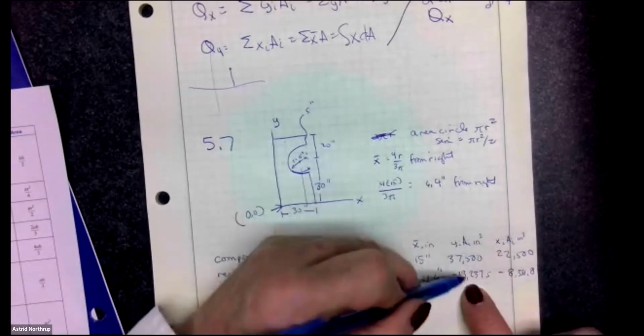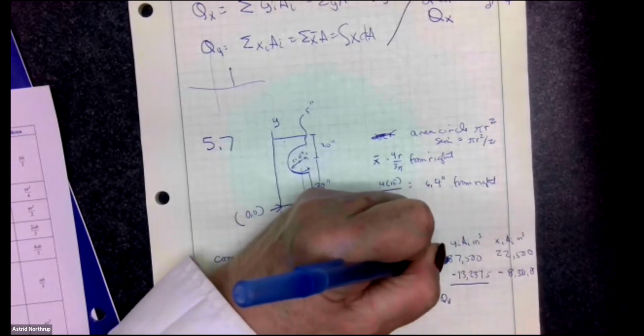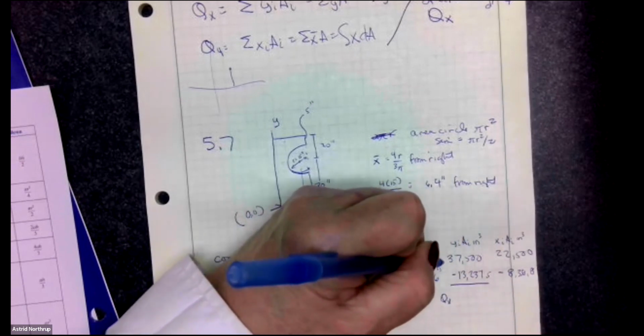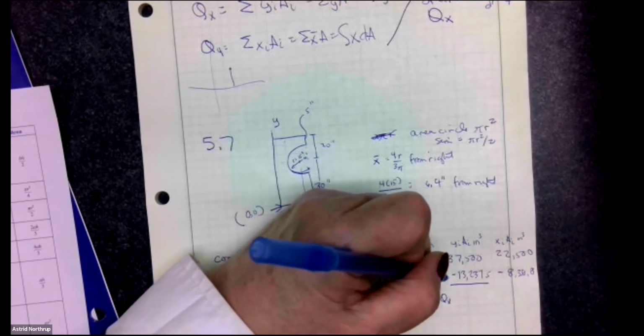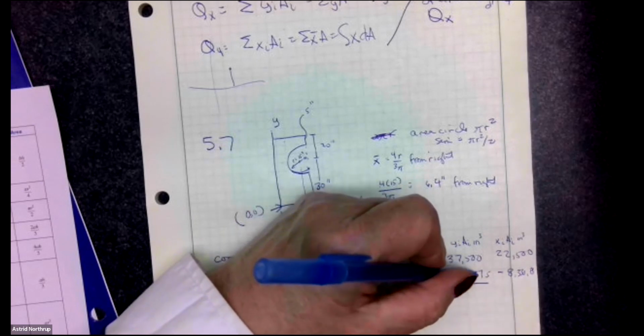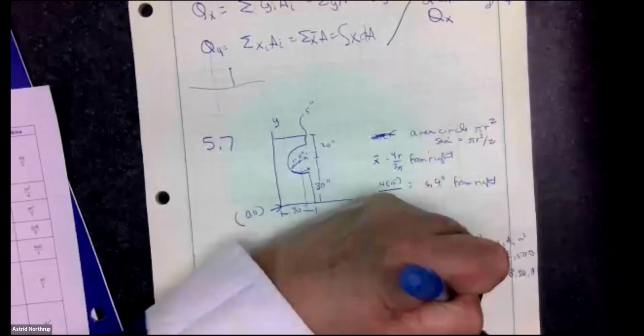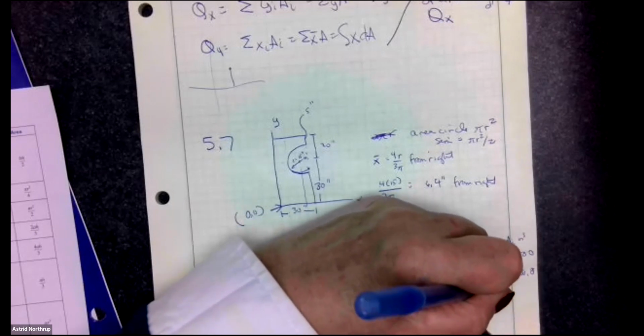And then I find this Q sub X, which is 37,500 minus 13,237.5. So this Q sub X is a positive 24,262.5.